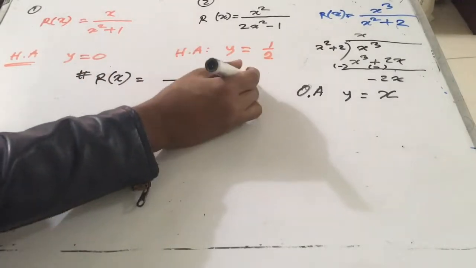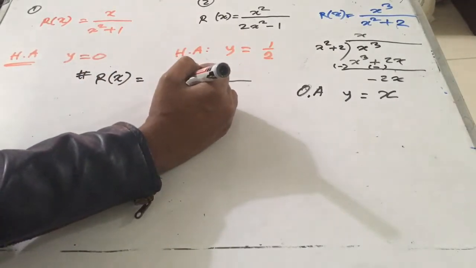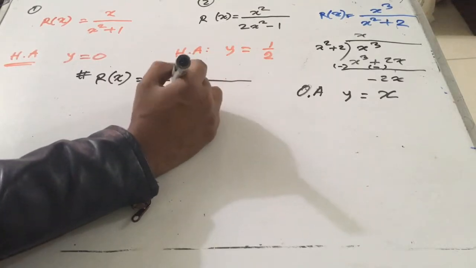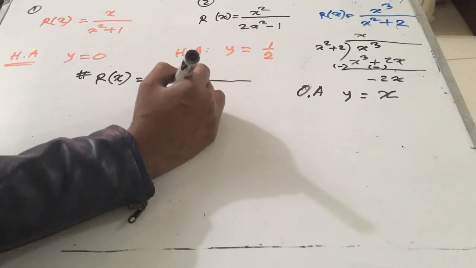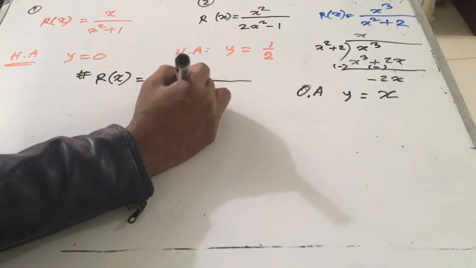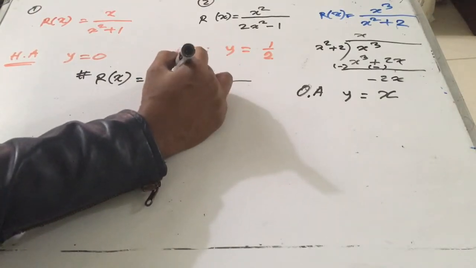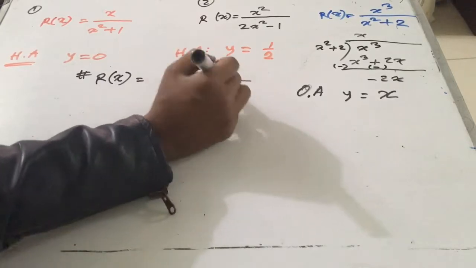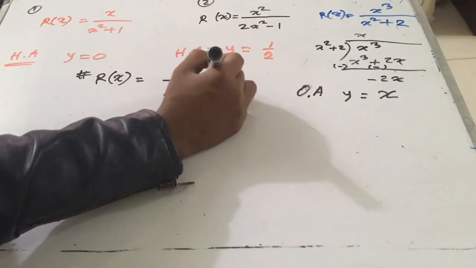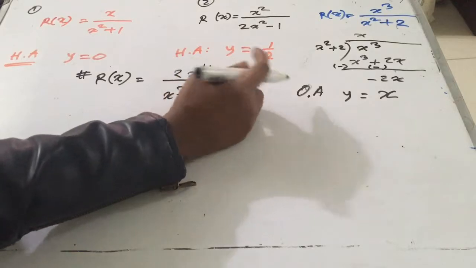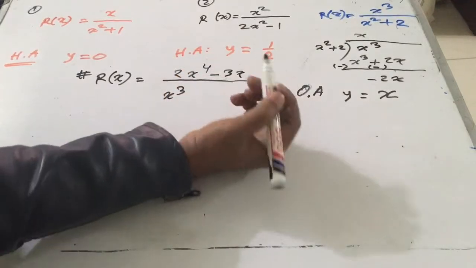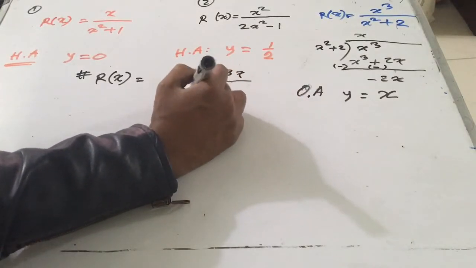Suppose I write here x cube, then 2x to the power 4, and then minus 3x, whatever comes to my mind, I'm just writing it that way.